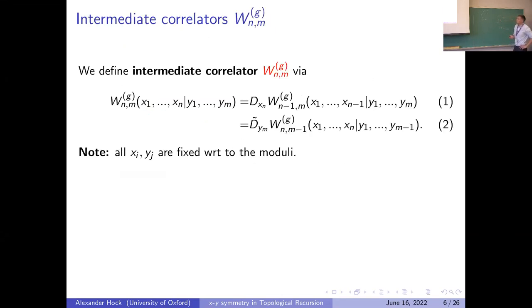Okay, and then the important step here was that I can define intermediate correlators. So I call them W_{g,n,m} now. They make no sense if n and m are not both 0. What does it mean? I define them by dx_n of W_{g,n-1,m} acting on this expression, or by d tilde y_m on this expression.